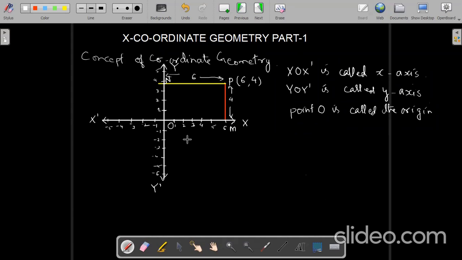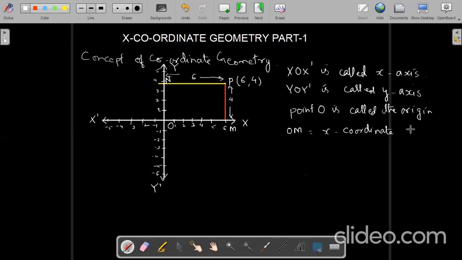So the x-coordinate is the distance OM. So here OM is the x-coordinate. The x-coordinate is the distance of a point from the y-axis.